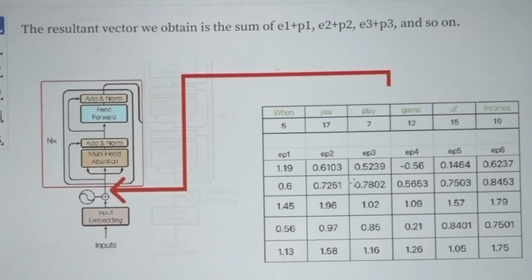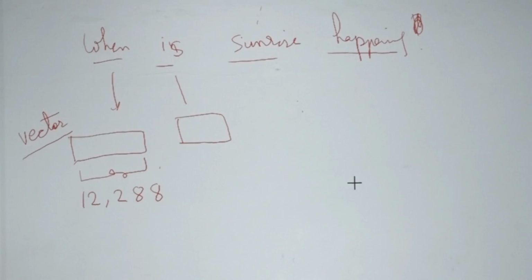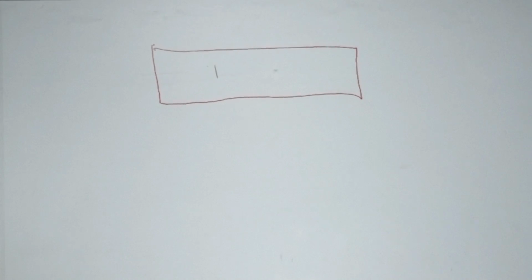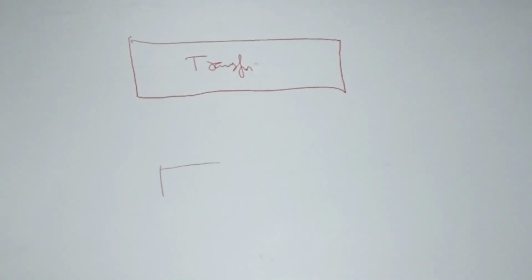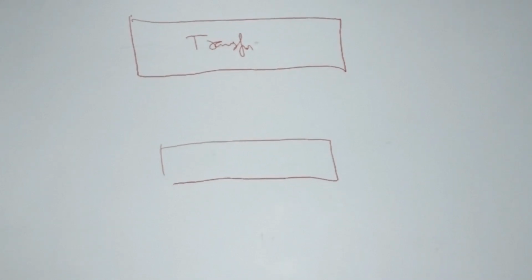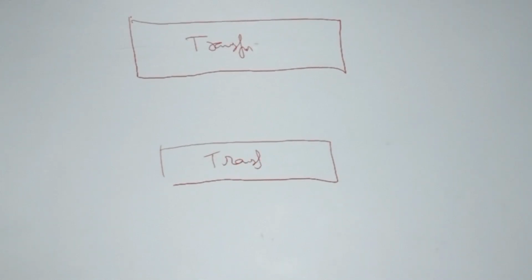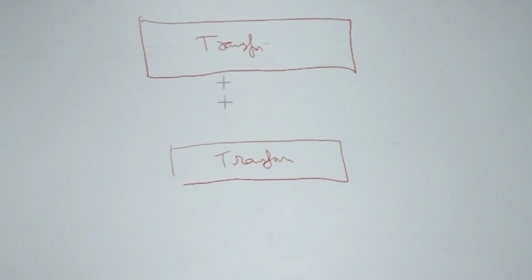Let me abstract this diagram a little bit. What is a building block? There is a transformer, and there is another transformer, and then there are layers and layers.